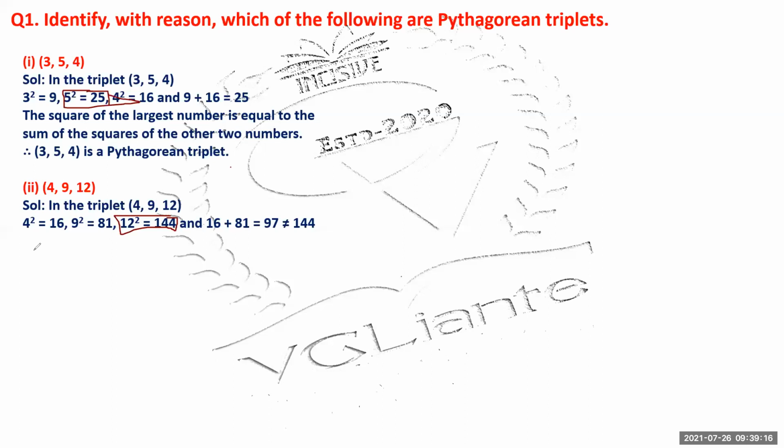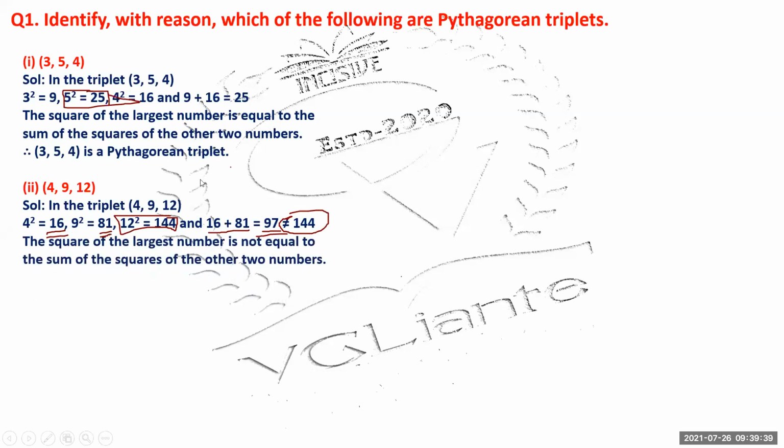Set it aside and check the sum of the remaining two: 16 plus 81 equals 97, but that is not equal to 144. So as it is not equal to 144, this is not a Pythagorean triplet. This is clear to all the students here.